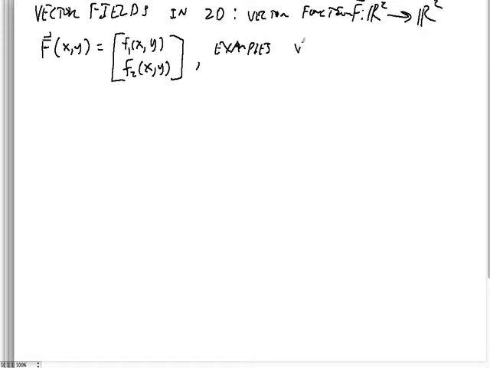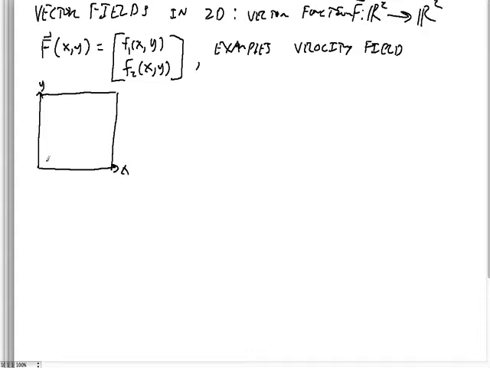So one example would be a velocity field. If I were to draw a little two-dimensional plane here, there's your x and there's your y. If you think of every point in the plane, we put in our values x and y, and it dictates some vector emanating from that point, x comma y.